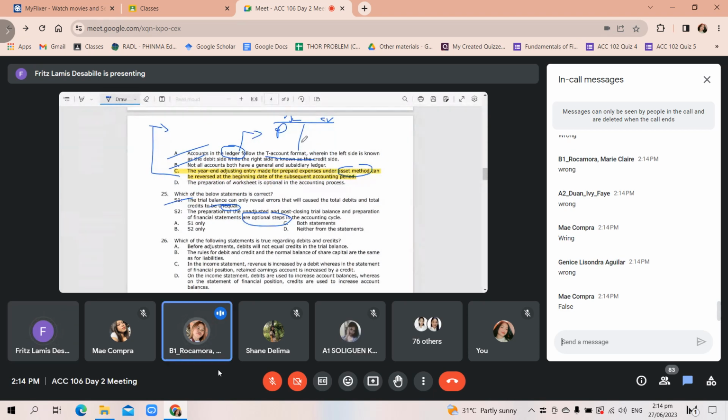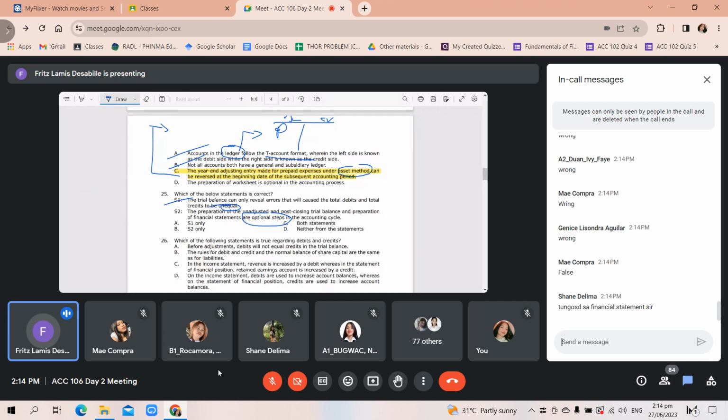Preparation of financial statements. Yes, it is required, no? Guys, the purpose of the accounting cycle is for the financial statements. Financial statements are the end product of accountants. It is the summary, what we call the financial report.